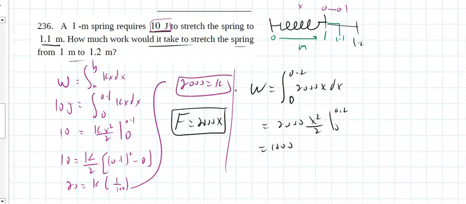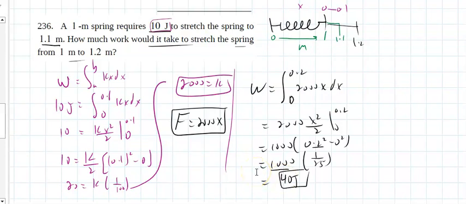That will be 1000 times 0.2 squared minus 0 squared. That's 1000 times, this is 2 over 10, which is 1/5. And if I square that, 1 over 25, and 25 divides 100, so 40 joules. And there it is.